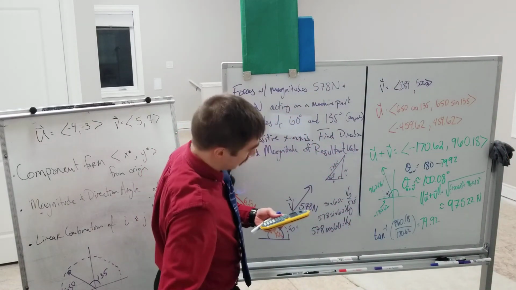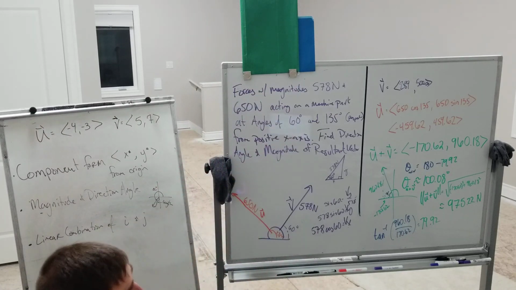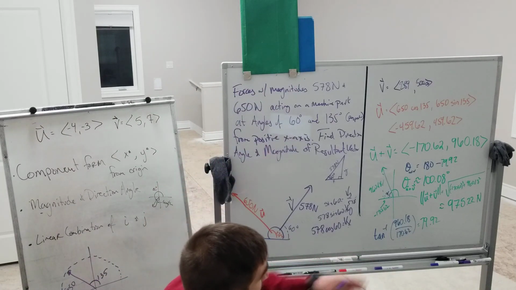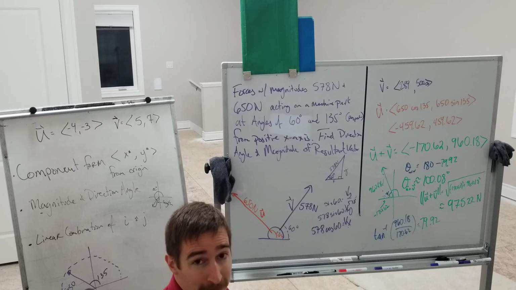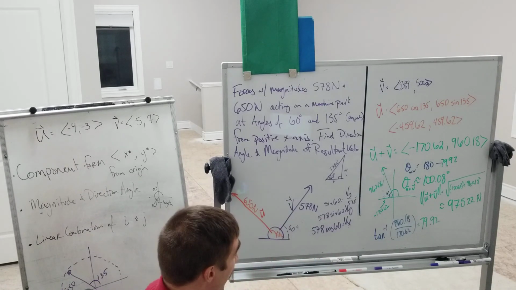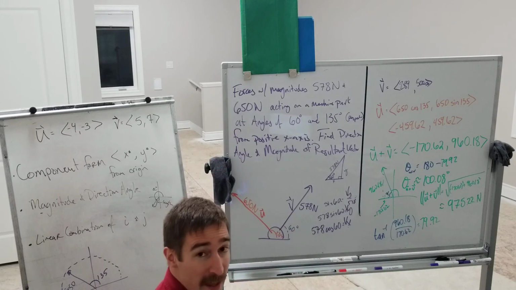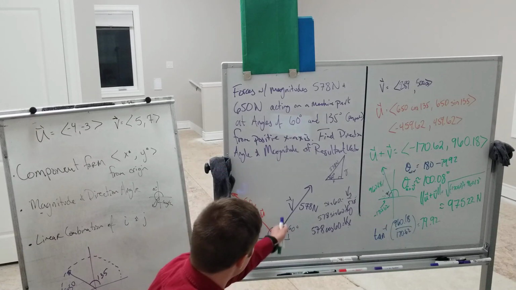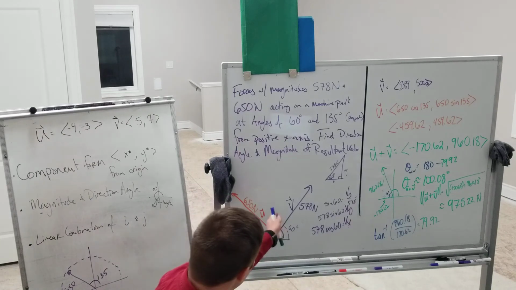We're talking about a force here. So the resultant force has a magnitude of 975.22 newtons at a direction of about 100 degrees off of that positive x-axis, which makes sense that it's mostly going up and a little bit to the left from the diagram.